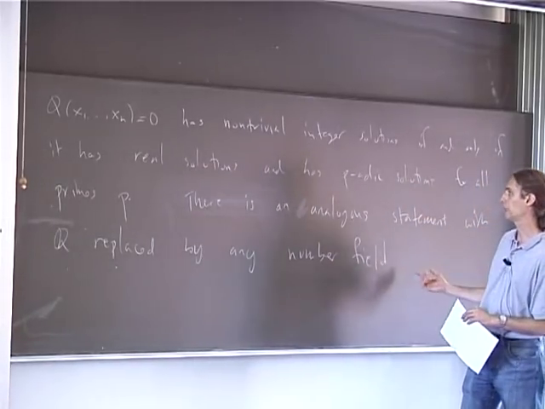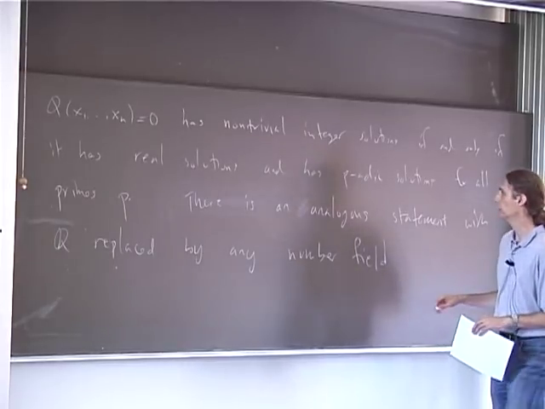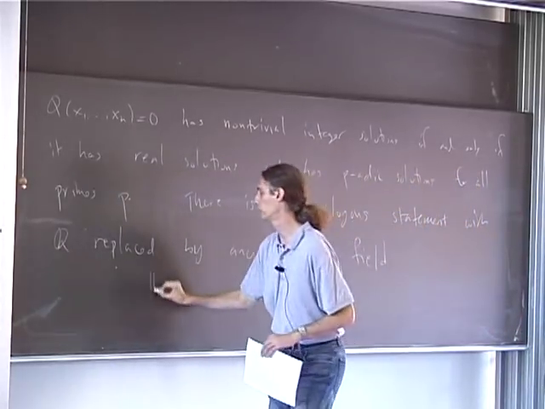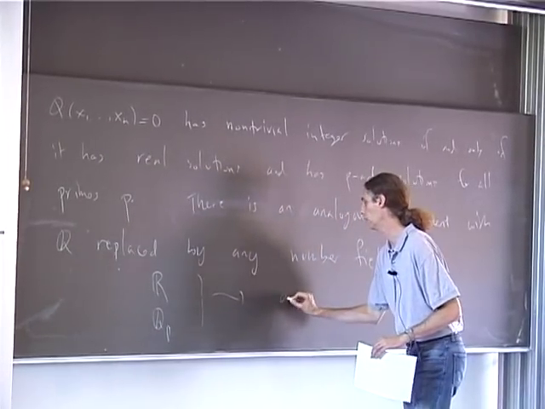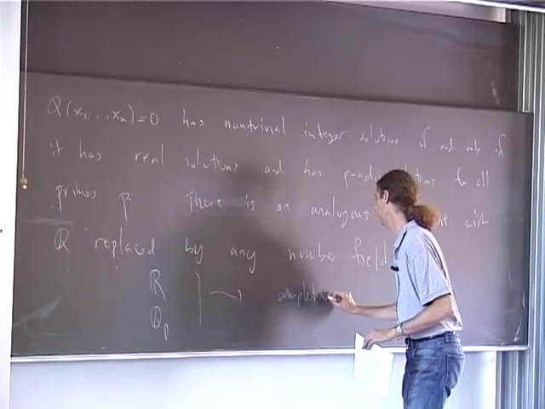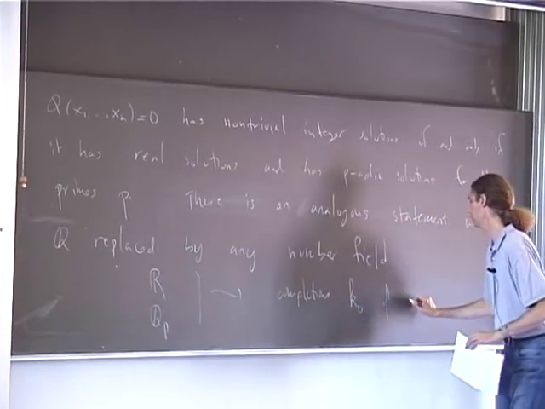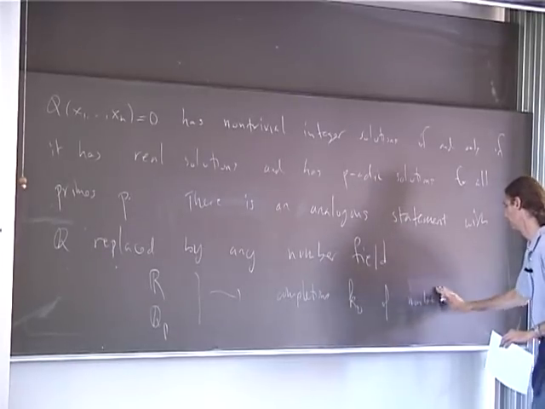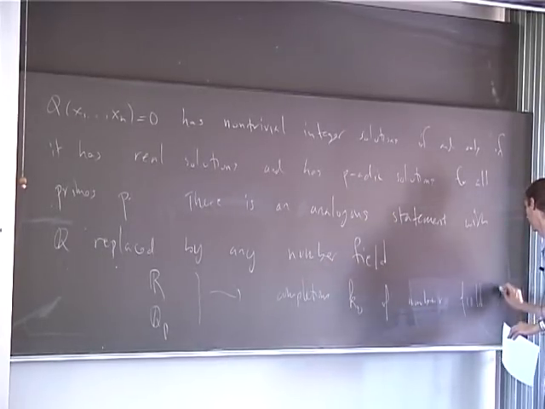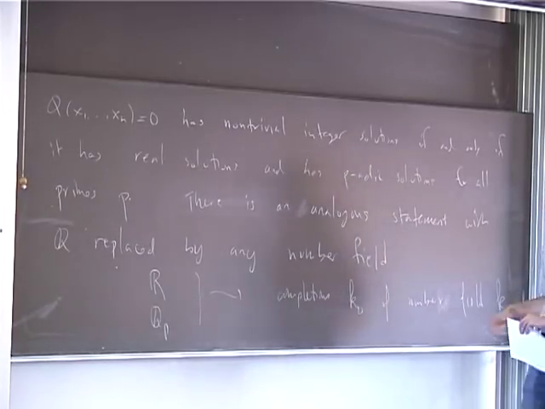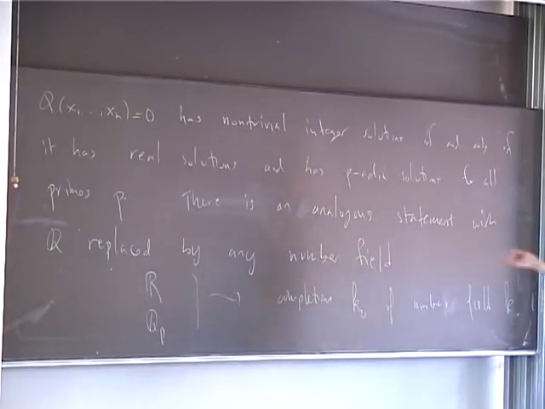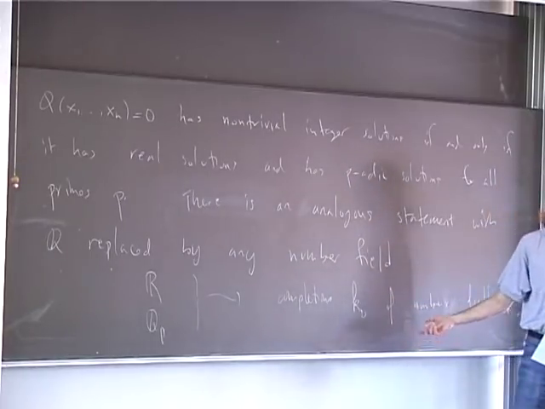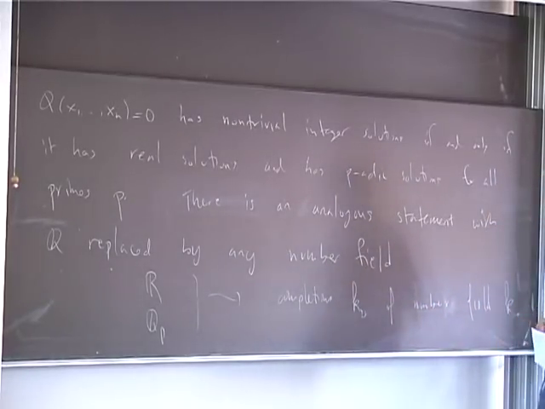And there's an analogous statement where you have now, instead of the reals and the p-adics, all completions of a number field. So in the case of Q, you have these completions, and in general, you have some collection of both Archimedean and non-Archimedean completions.